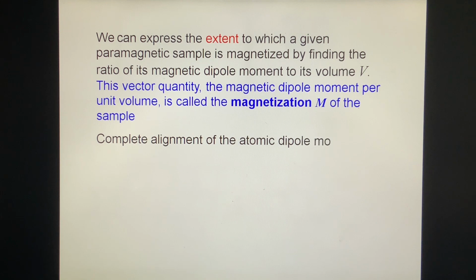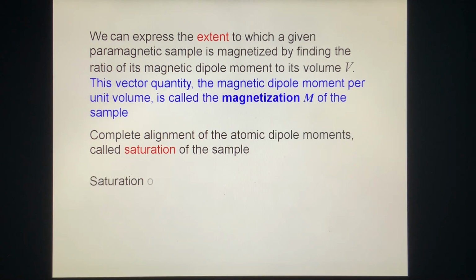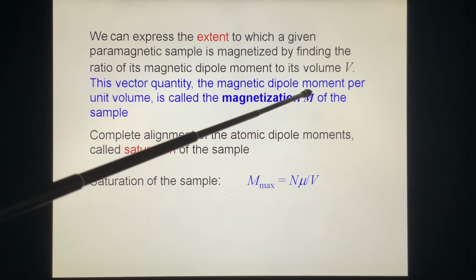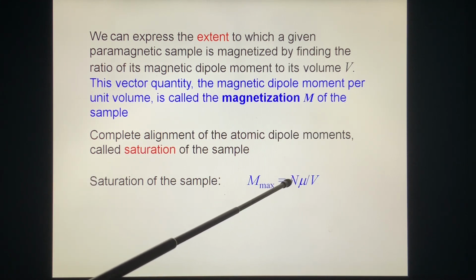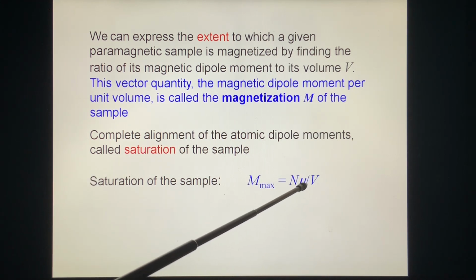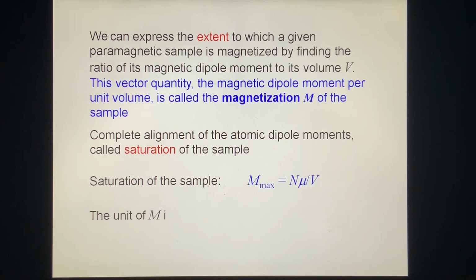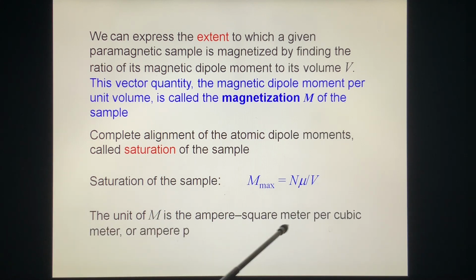Complete alignment of the atomic dipole moments is called saturation of the sample. At saturation, M should be a maximum because every atom is aligned, equal to the total number N multiplied by the mu of each atom, divided by volume. The unit of M is ampere square meter per cubic meter, or ampere per meter.